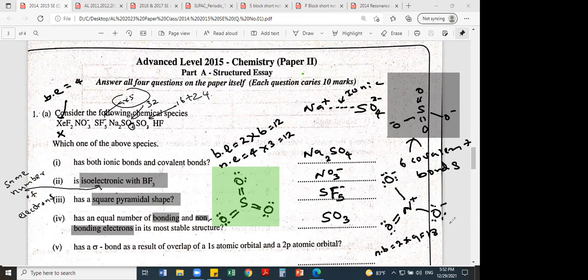Bonding electrons 8, no? Wait, we'll consider this. I put bonding electrons. I think that also we can take. NO3 minus, bonding electrons will be 8. That NO3 minus we can't take, no? Non-bonding electrons are more than that.